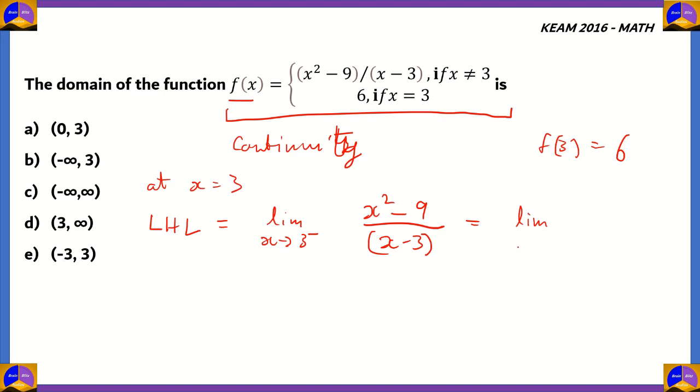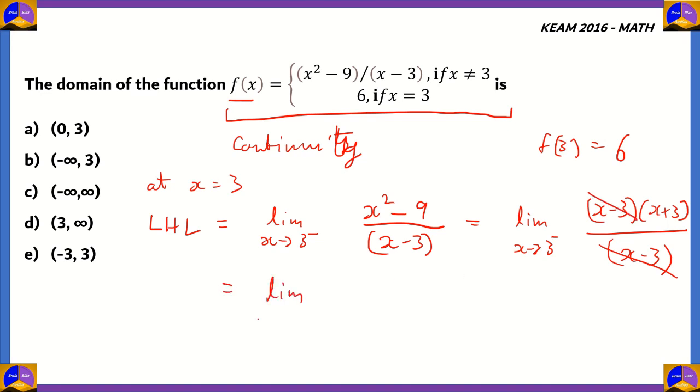So we can factorize the numerator to x minus 3 times x plus 3, and the denominator has an x minus 3. Therefore, those two get cancelled, and finally you get limit x tends to 3 minus of x plus 3. Now when we apply the limit, we put x equals 3, so 3 plus 3 equals 6.